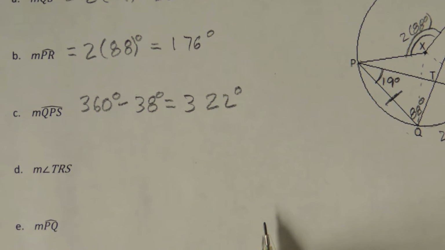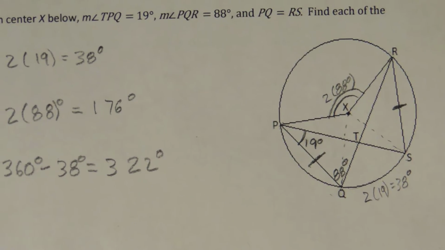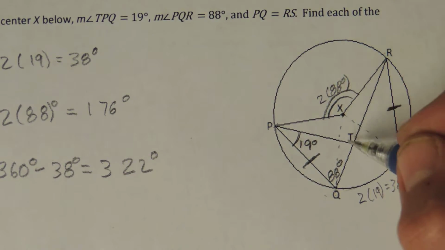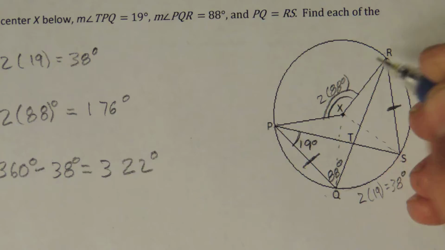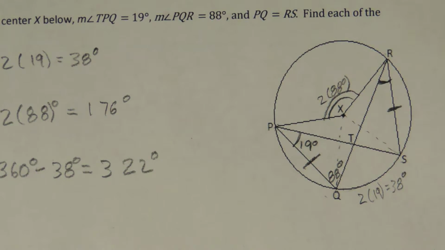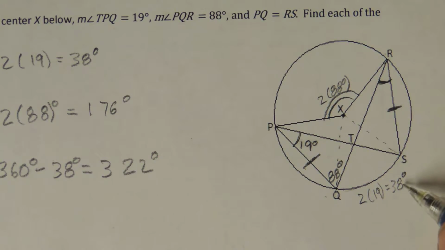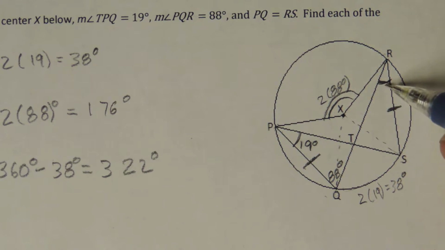Next thing, angle TRS. So I come back over here. TRS is this angle, and it's an inscribed angle. So it's half of the central angle, which I drew in here. And I knew that central angle is the same as the arc, so it's 38. It's half of 38.